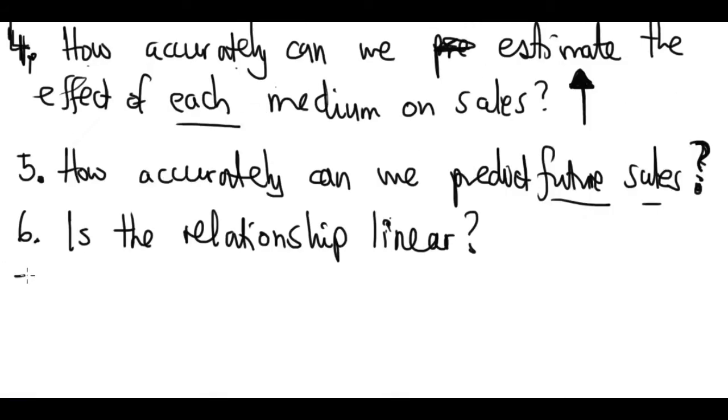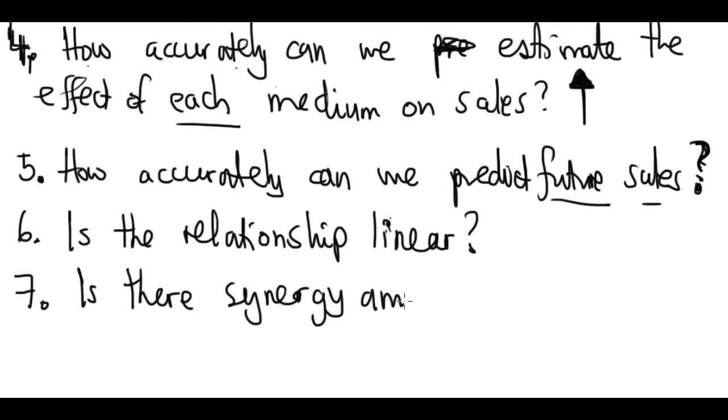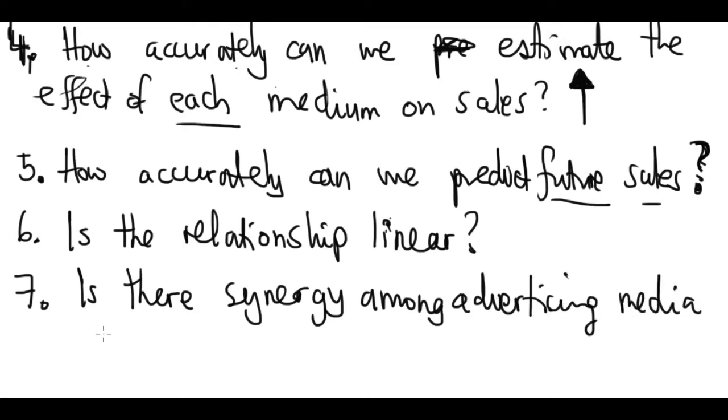And then the last question: is there synergy among advertising media? Cool. Because now, is the relationship linear? If we see that the relationship is not linear, we might need to go to 7. What is this synergy among advertising media?